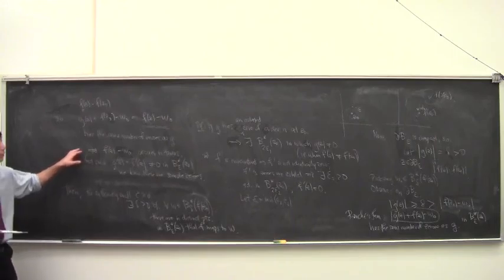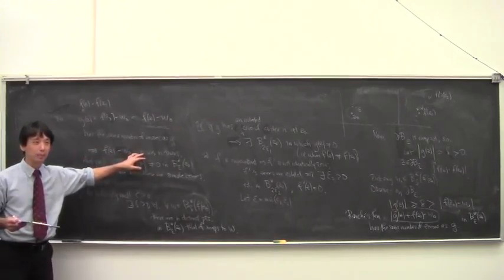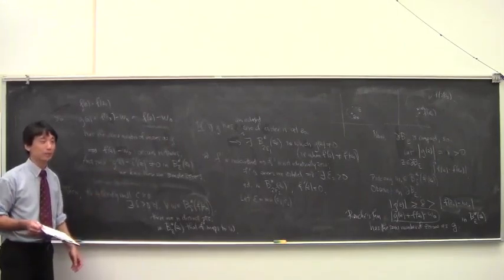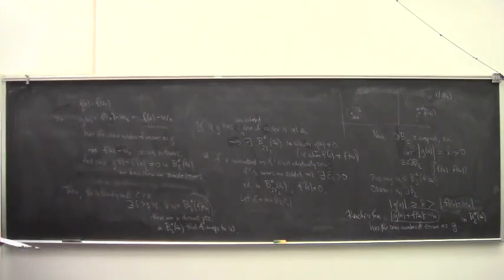So not only do they occur n times, but they occur n times separately. They occur at n distinct points. Okay, so this is the proof of the n-to-1 lemma using Rouché's theorem.